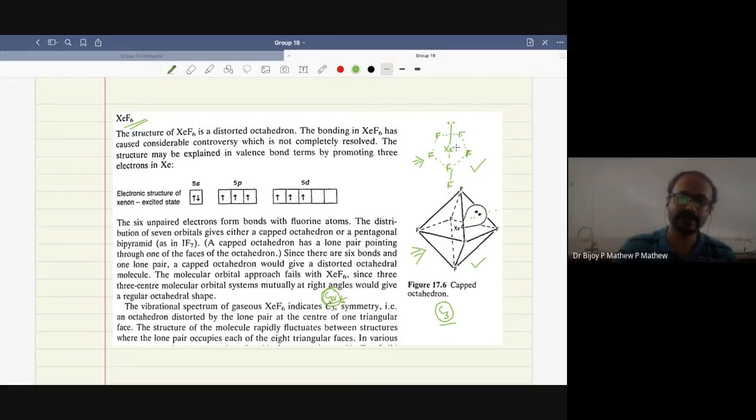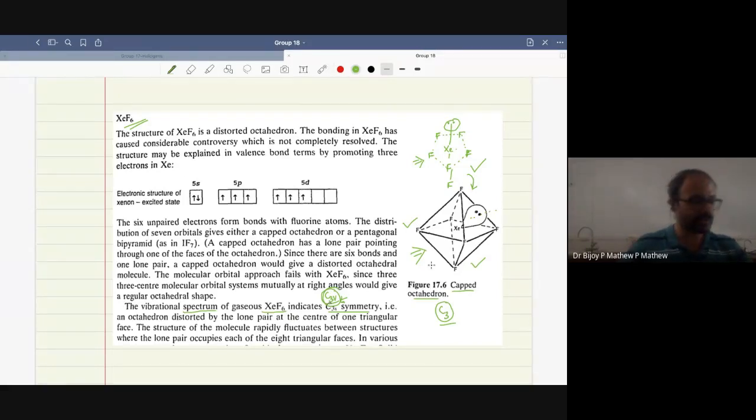But because of this lone pair, they adopt a distorted octahedron, which is more appropriately called the capped octahedron. This is supported by vibrational spectroscopy, where gaseous XeF6 shows the presence of C3v symmetry, and that is possible only when the structure is a capped octahedron. That particular thing I wanted to bring to your notice.